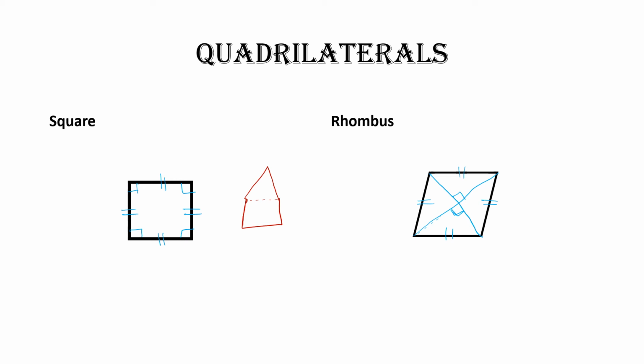And sometimes you're given this side here, and you're not given this side over here. But again, that is where understanding the properties comes into play. Because if this is a rectangle, we learn that opposite sides in a rectangle are parallel and equal.